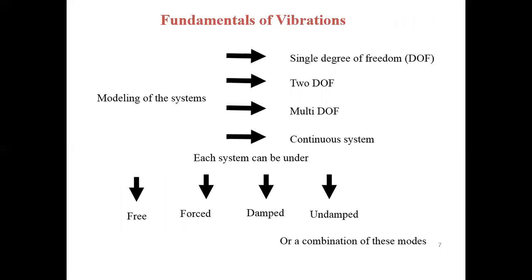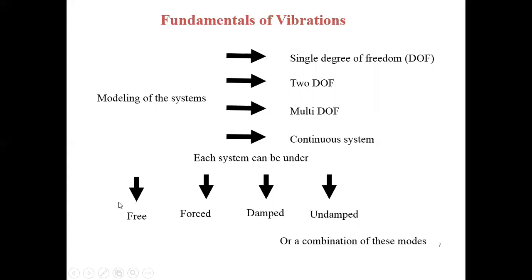Now there are different kinds of vibratory systems. One is the single degree of freedom, two degree of freedom, multi degree of freedom, and continuous system, right? What the degree of freedom is was already discussed by us in the last lecture.